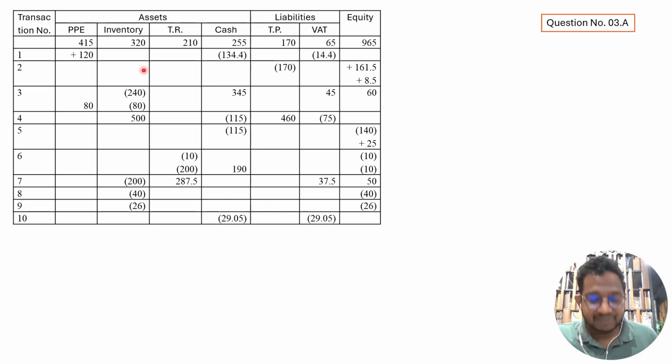So 320 divided by 20 units is 16,000, right? So one unit is equal to 16,000, and here you are selling 15 units. So 16 into 15, the cost of sales is 240,000, and based on that you have to generate the profit. So 240 into 25%, your profit is 60.